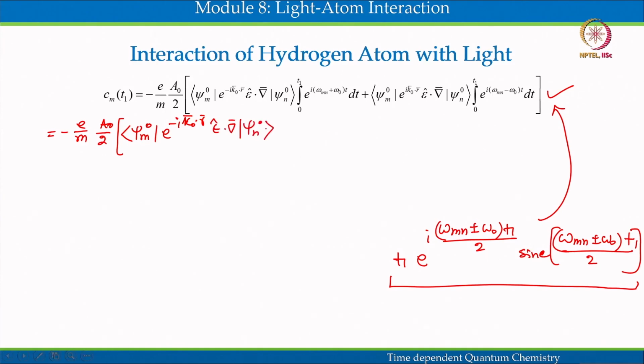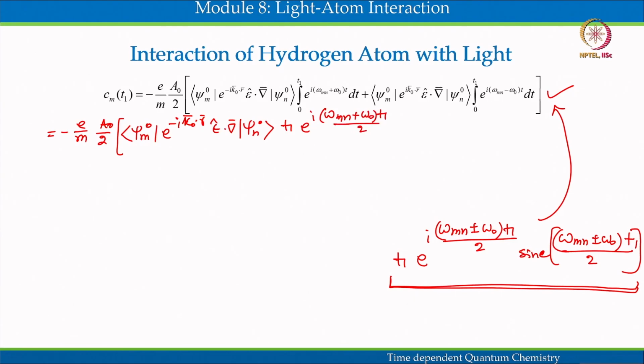This is the spatial part, and then I have this entire function as the integration, that is going to be T1 e to the power i (omega mn plus omega naught) T1 by 2.